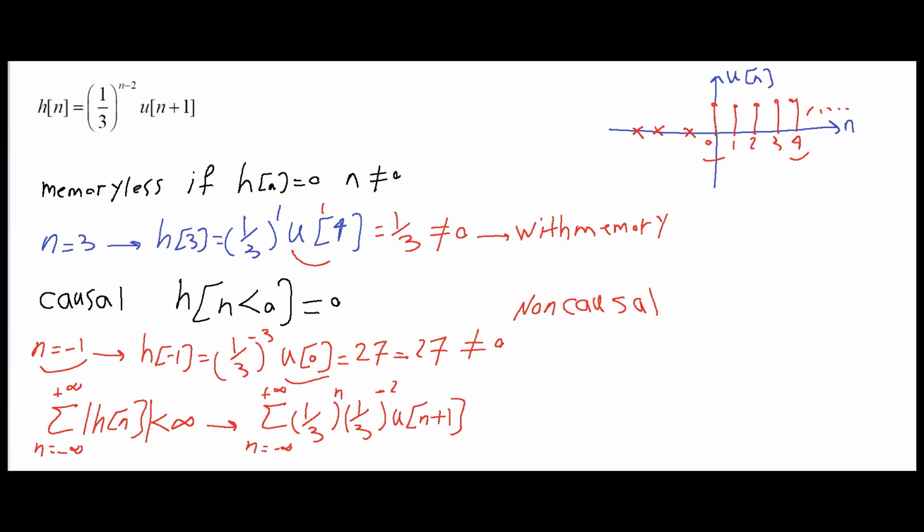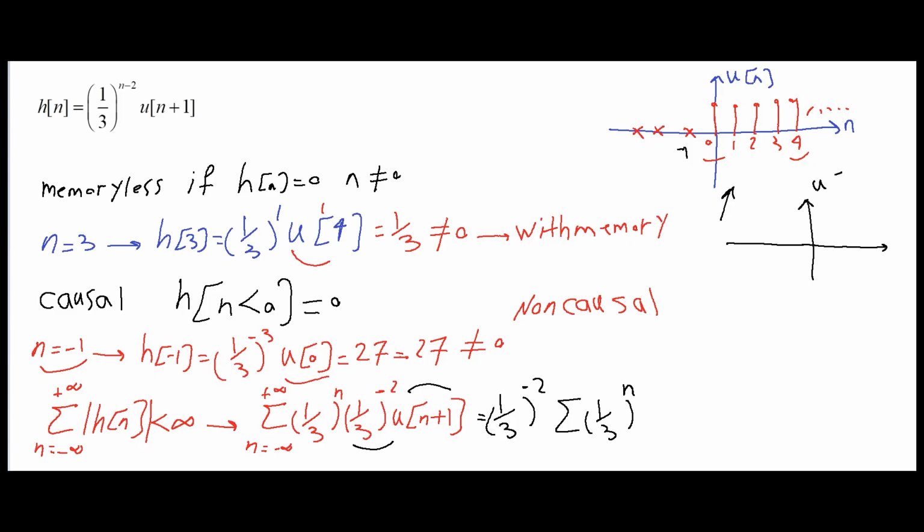Now this constant term 1/3 to the power of -2 can be taken outside the summation. And since 1/3 to the power of -2 is equal to 9, we have 9 multiplied by sigma of 1/3 to the power of n multiplied by u[n+1]. Now pay attention to u[n+1]. This is simply the unit step function shifted 1 unit to the left.